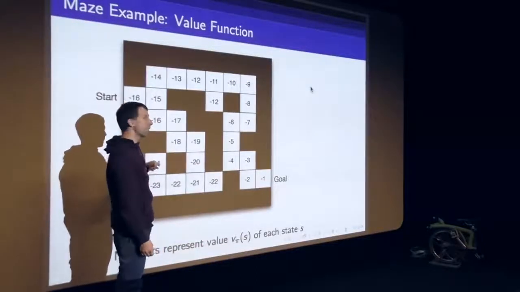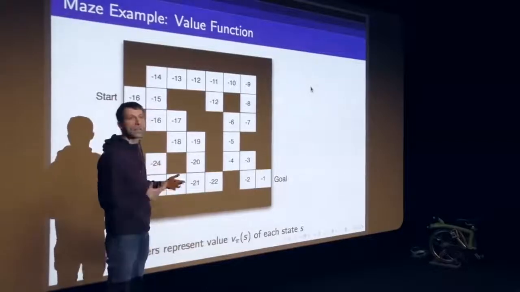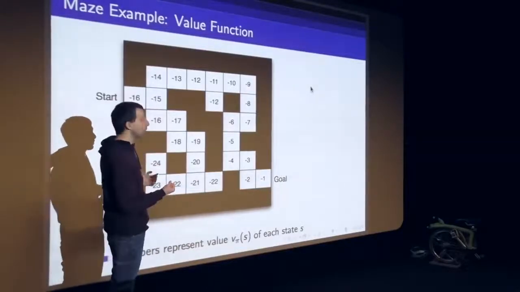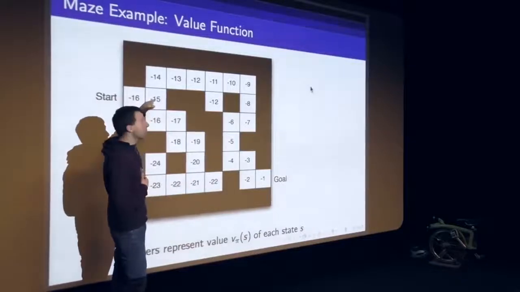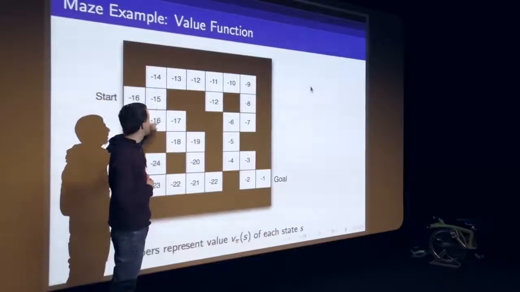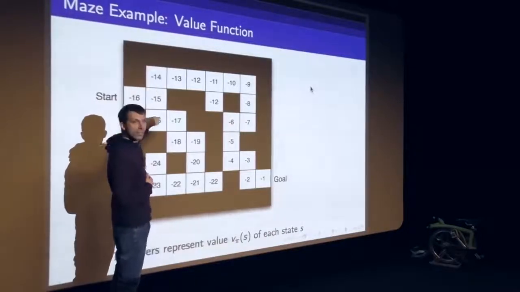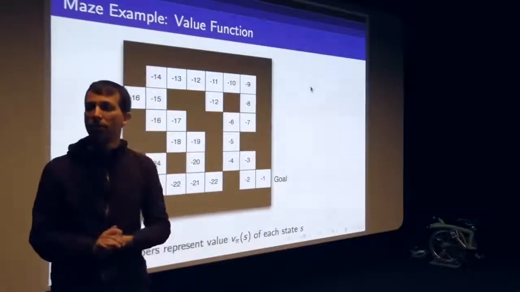We can have worse values. You know, if we're stuck over here and we've gone the wrong way, we might have a value of -24. Now we have these values, it's very easy to build an optimal policy because, for example, when we get here, we can just look up what's the value of going north compared to the value of going south, and it's very clear that the value of going north is greater than the value of going south, and so this is useful, it gives us a basis for optimal behavior.